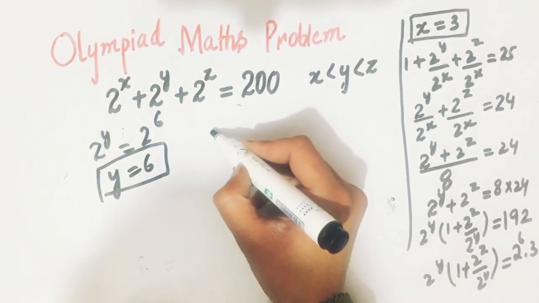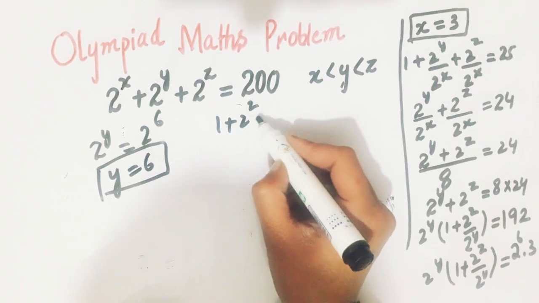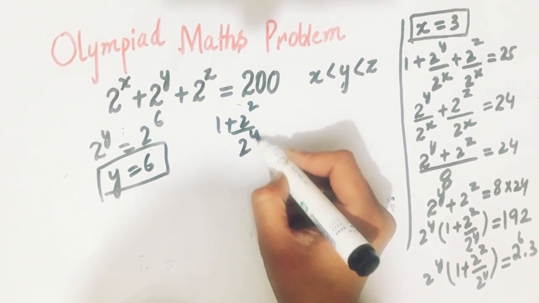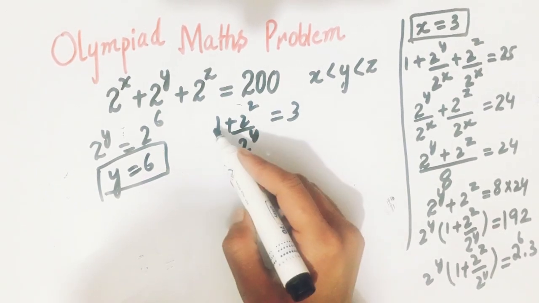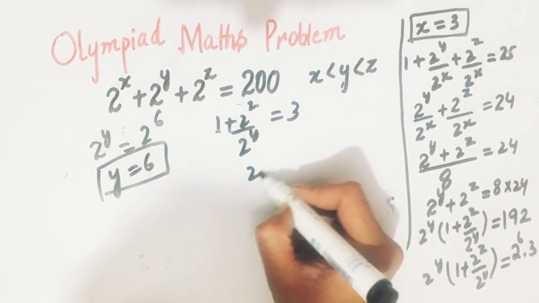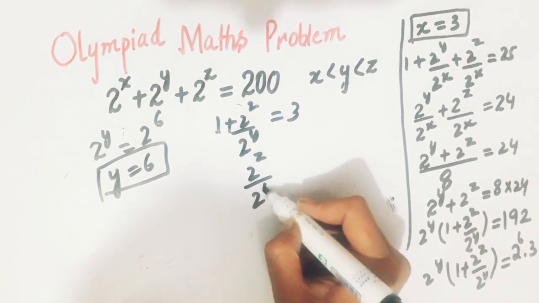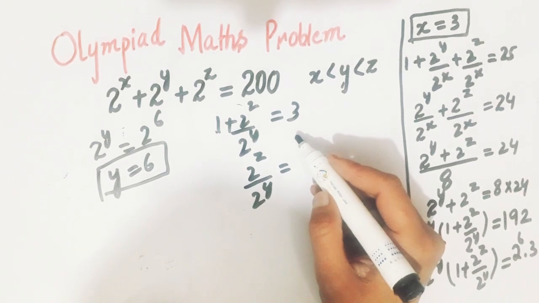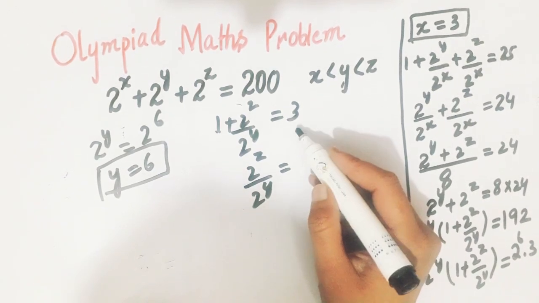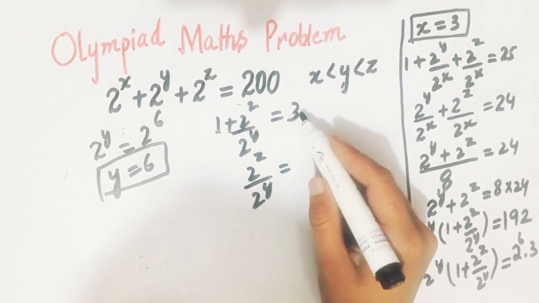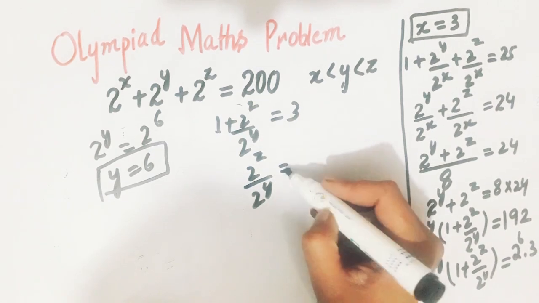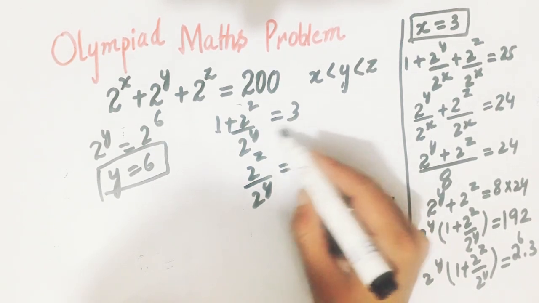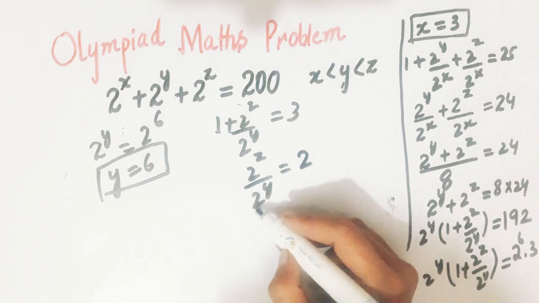For the other one, we get 1 plus 2 raised to power z divided by 2 raised to power y equals 3. Now 1 is added, so it will be subtracted: 2 raised to power z divided by 2 raised to power y equals 3 minus 1, that is 2.